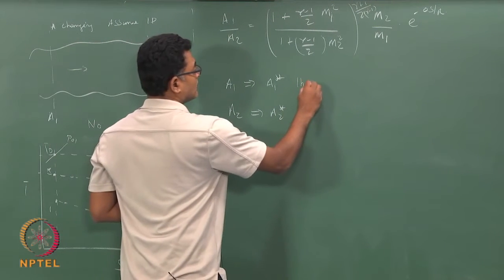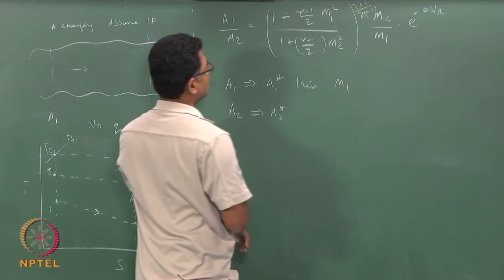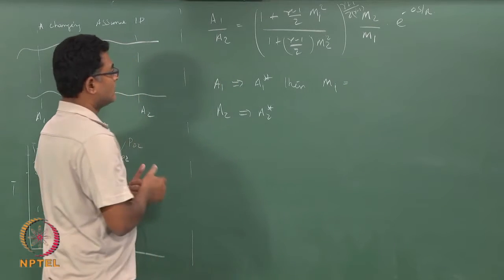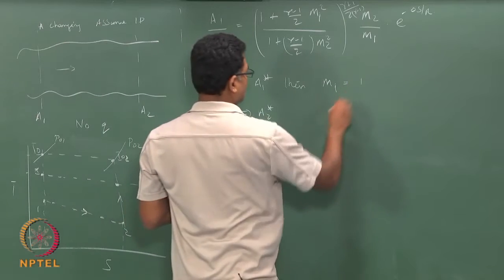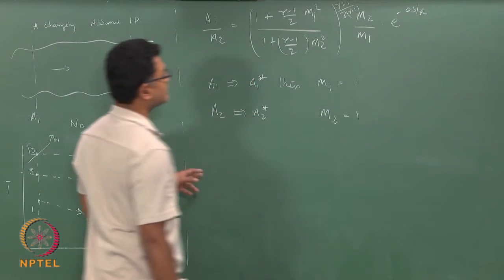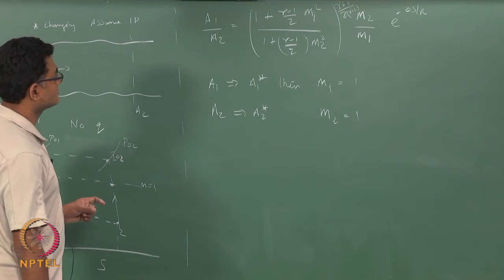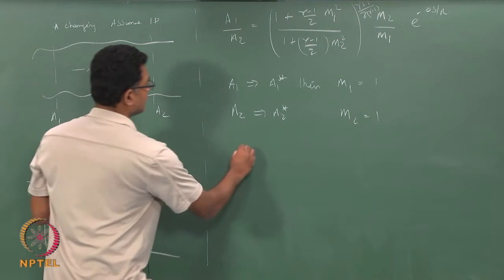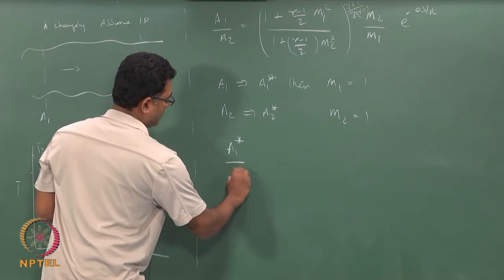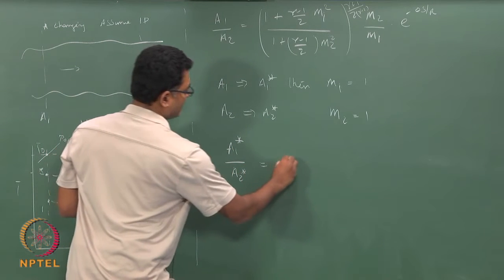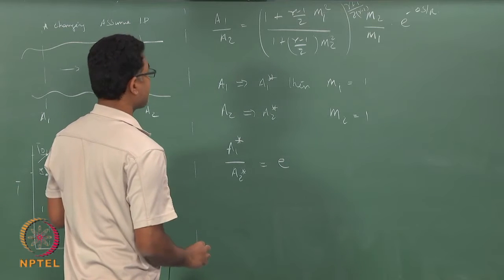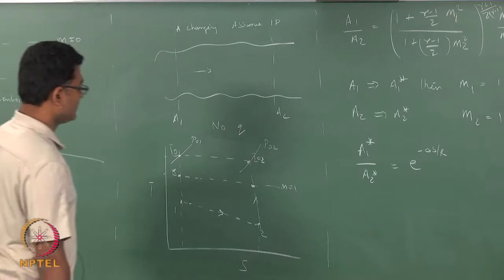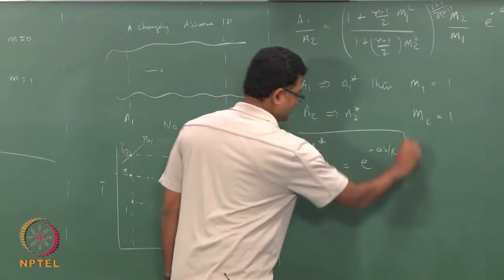then my M1 is 1, M2 is 1. Which tells me A1 star by A2 star is e power delta s by R. So, I have this relation.